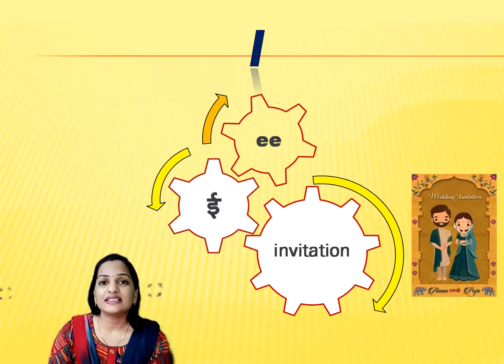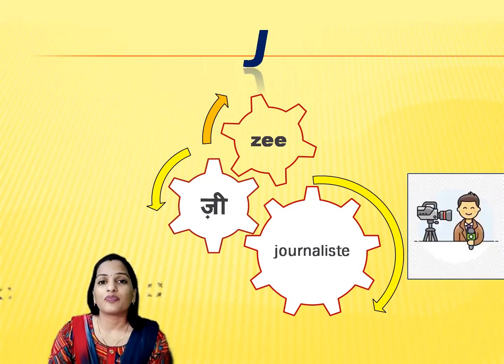The next letter is J. Let me repeat my line that in French, G is pronounced as J and J is pronounced as G. So recall what we just learned. G is pronounced as J and J will be pronounced as G. Répétez, G. Very good.